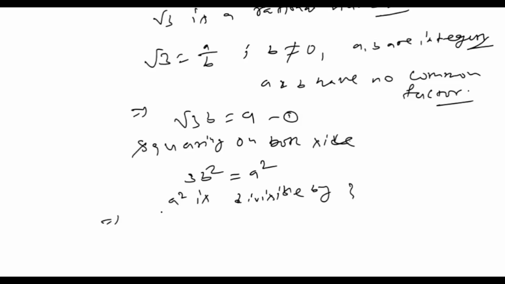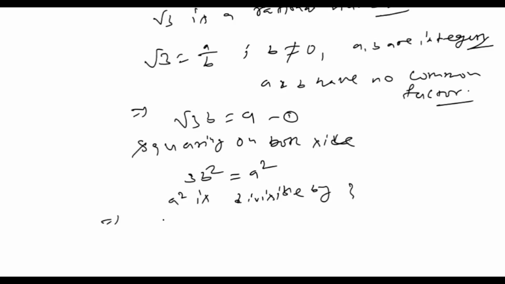We have a theorem: let p be a prime number. If p divides a square, then p divides a, where a is a positive integer. Here a square is divisible by 3, so a is also divisible by 3.